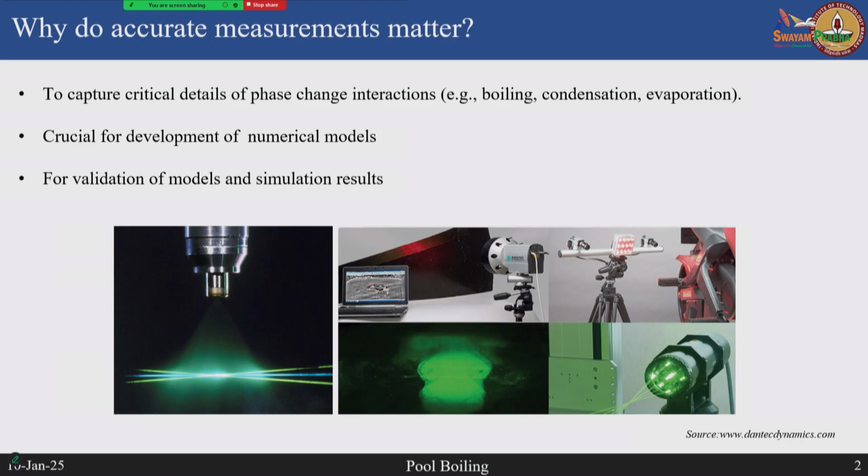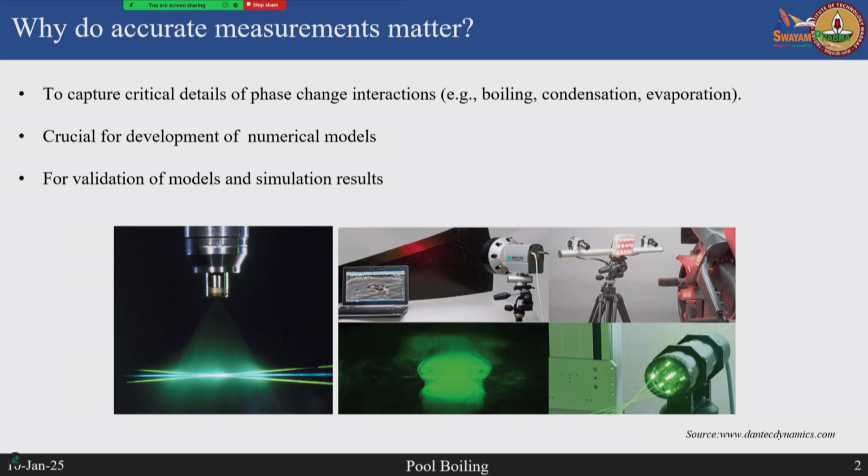For example, the confidence in numerical modeling of multiphase flows is still very low. Even for simple multiphase flows without heat transfer, people are still developing advanced numerical methods, and when you talk about phase change like boiling and condensation, we do not have very reliable numerical models. So how do you validate these numerical models with the measurements that you have?